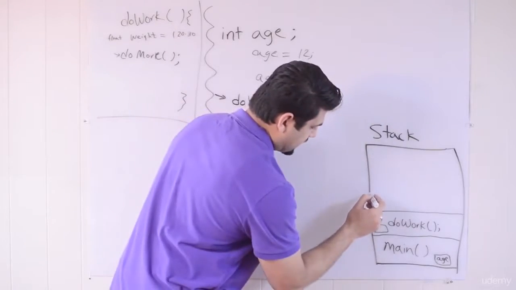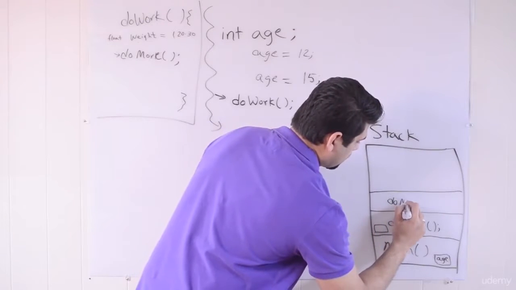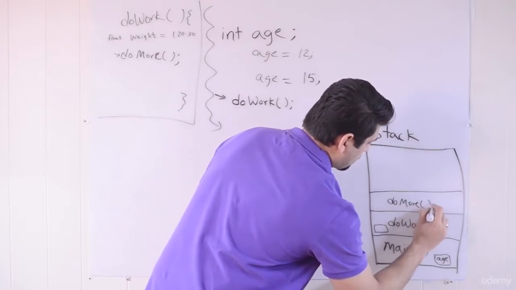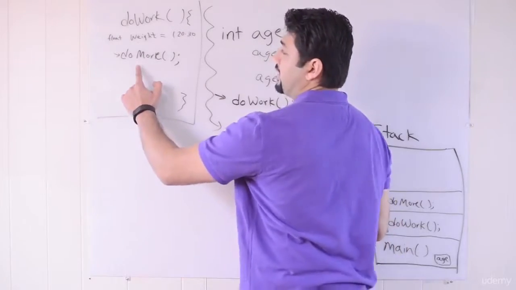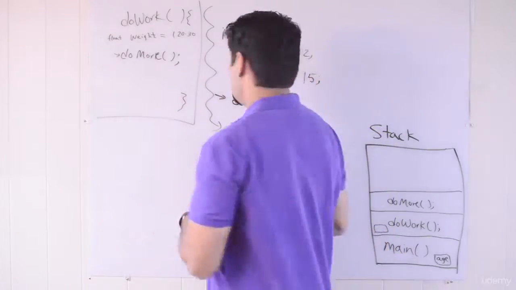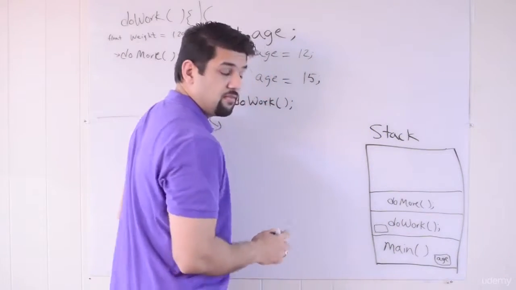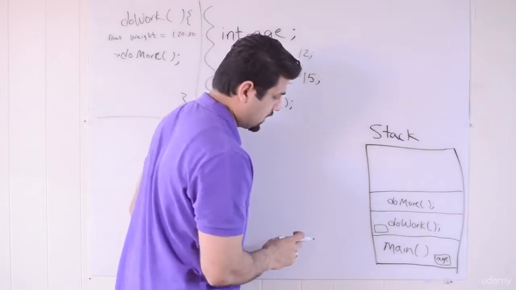All right, this will be added on top of the stack, and it's going to be called do more. And whatever variables are in this method's body, right, those are local variables, they'll have special reservations in this frame, the do more frame, okay?